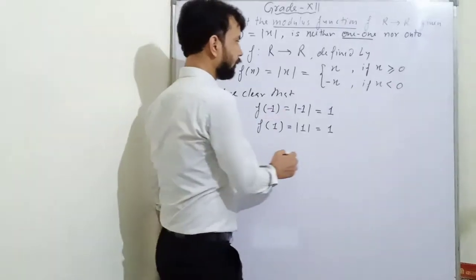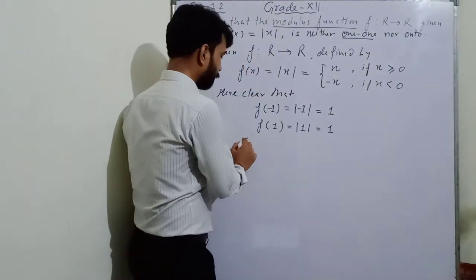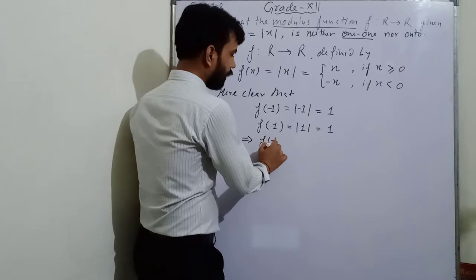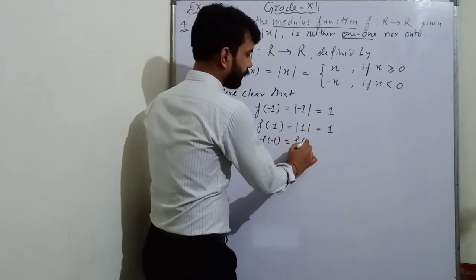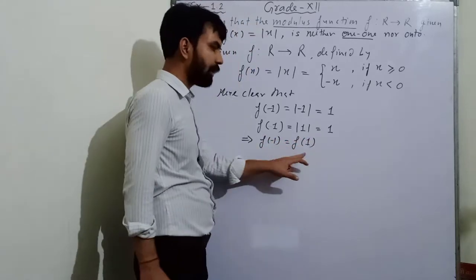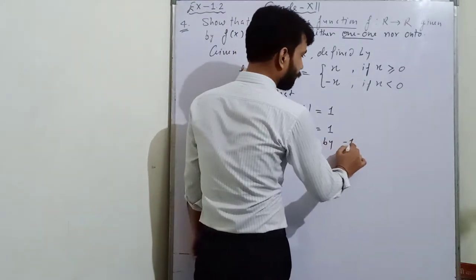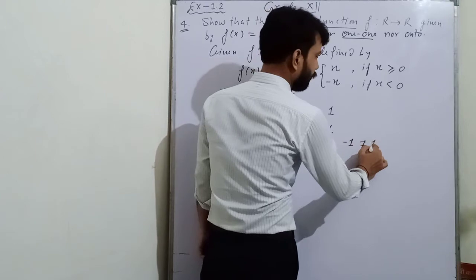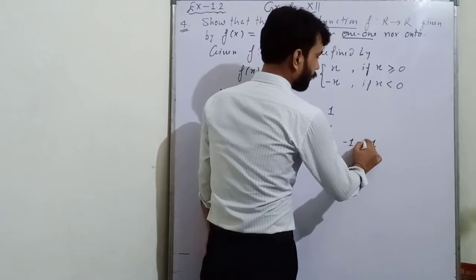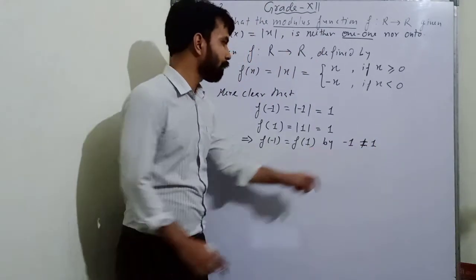So you have to write here that this implies f(-1) equals f(1), means these two images are equal, but minus 1 is not equal to 1.